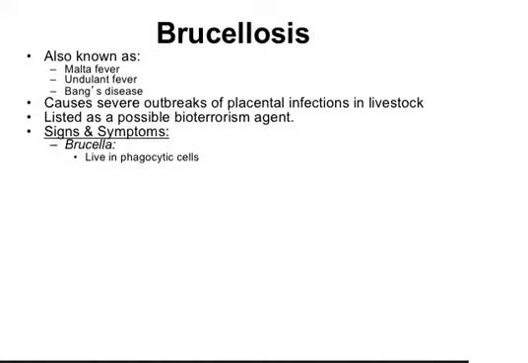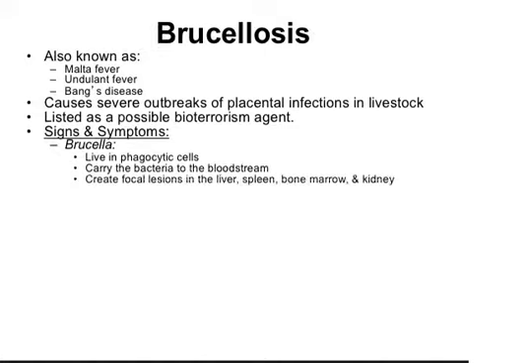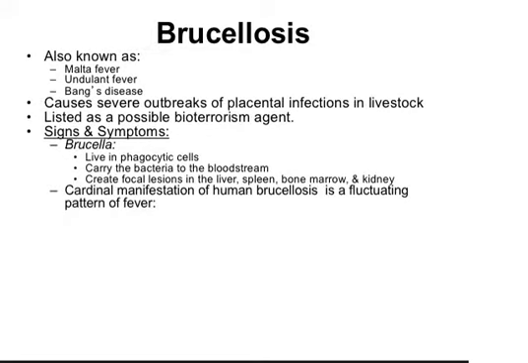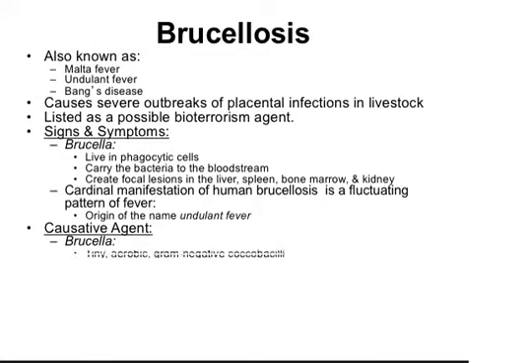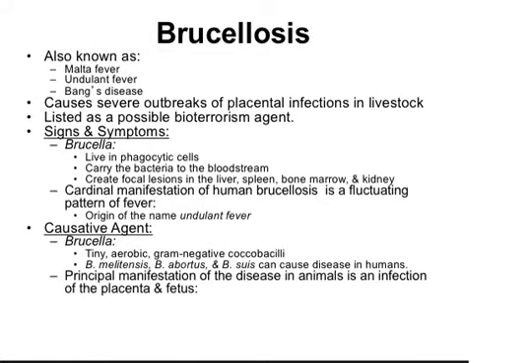Signs and symptoms: when it's caused by brucella, they live in phagocytic cells, carrying the bacteria to the blood and creating focal lesions in the liver, spleen, bone marrow, and kidney. Cardinal manifestation is a fluctuating pattern of fever. It's the origin of the name undulant fever. Causative agent is brucella, which are tiny aerobic gram-negative coccobacilli.